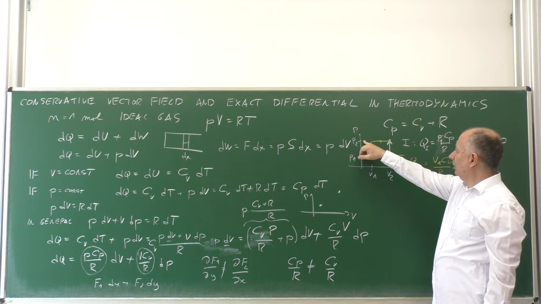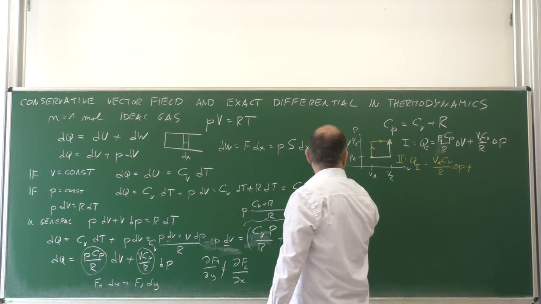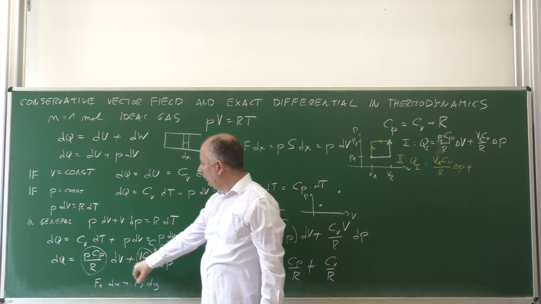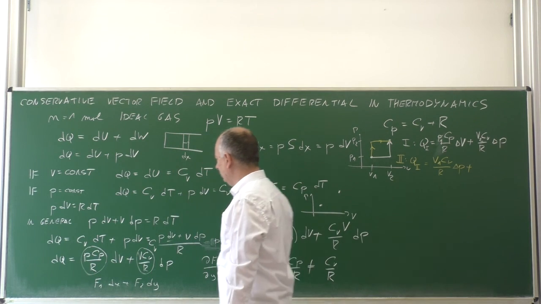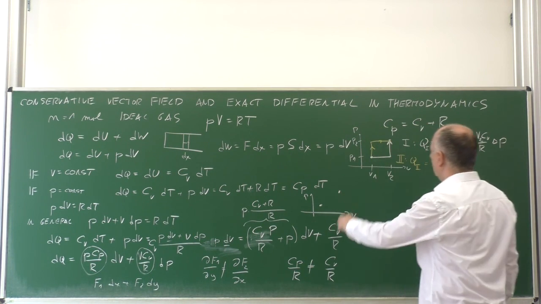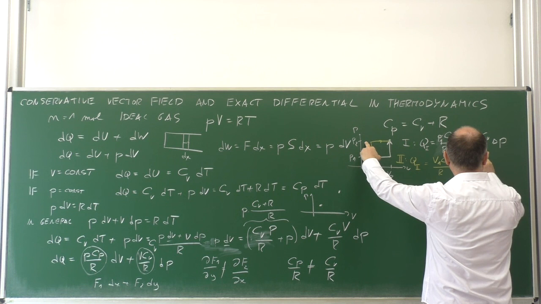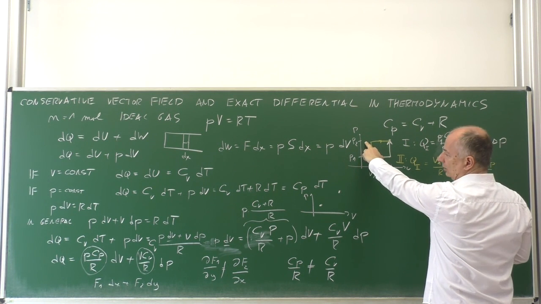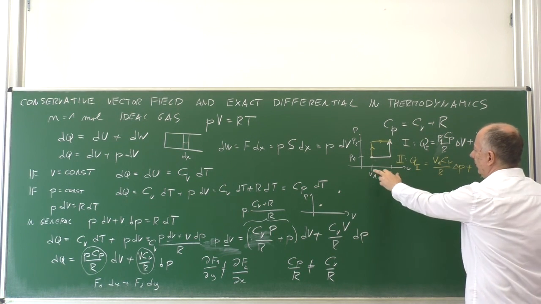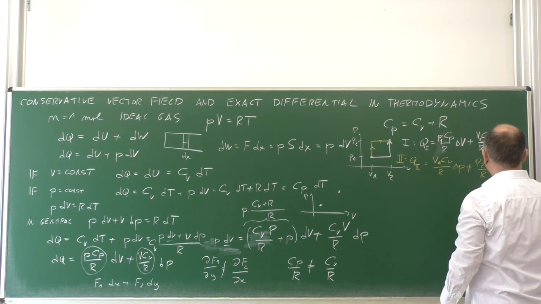Now P is constant, so dP is 0. And we integrate P Cp over R, but now P is P2, so we have P2 Cp divided by R times the change of the independent variable, which is delta V.